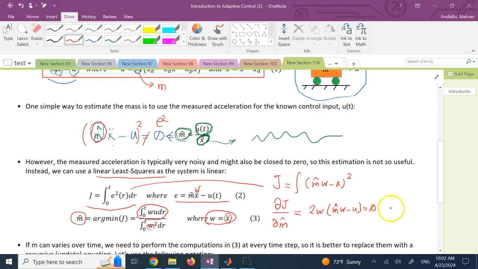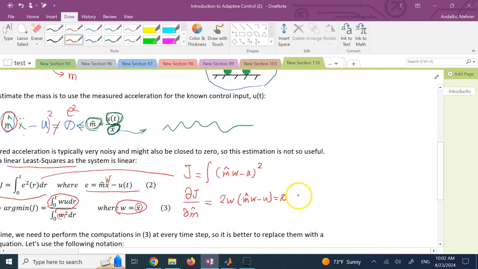And from here, the only thing is the integral doesn't go away, so the integral is still there. So if you get rid of these 2, you see that the integral of m hat w squared dt equals the integral of what? If you multiply w by u, right? Or wu dt.